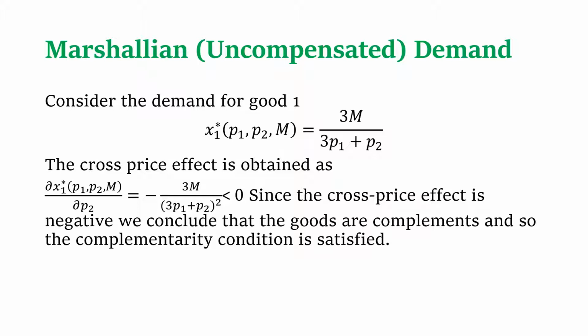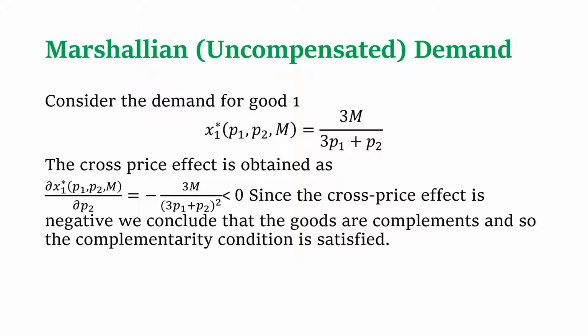Now, let's take, for example, the demand for good 1. So the cross price effect there is going to be the derivative of x1 star with respect to p2. And that gives us minus 3m over (3p1 plus p2) squared.